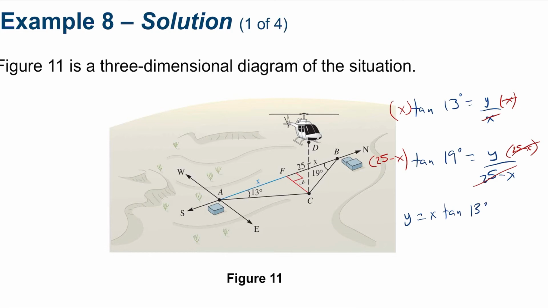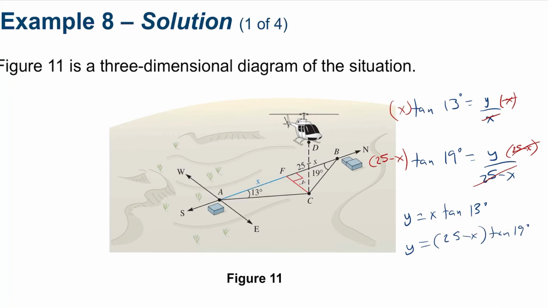For the bottom equation, y equals 25 minus x tangent of 19 degrees. So now we can set these two equations equal to each other because they're both equal to y. And at the same time, I'm going to distribute here.